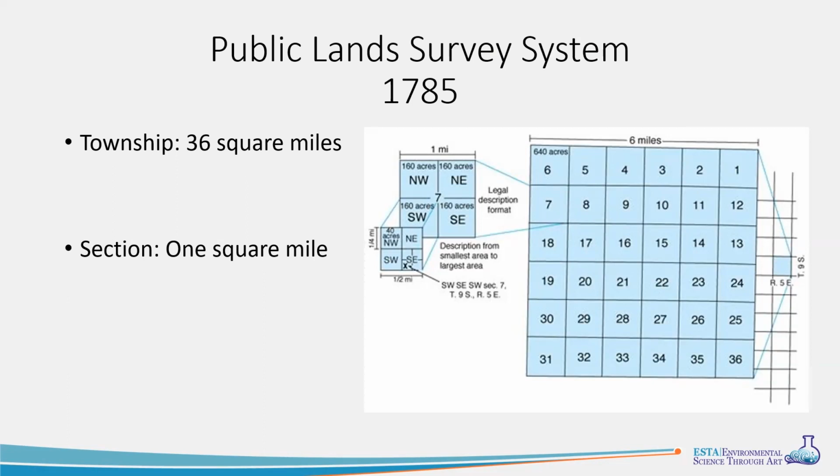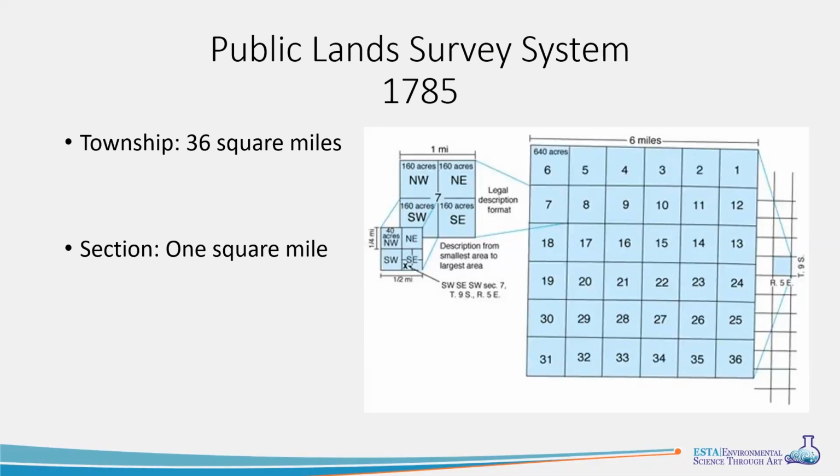And the units were a township and a section. The township is generally a 36 square mile area made up of six 1-square-mile squares, and you can see that in the figures here.